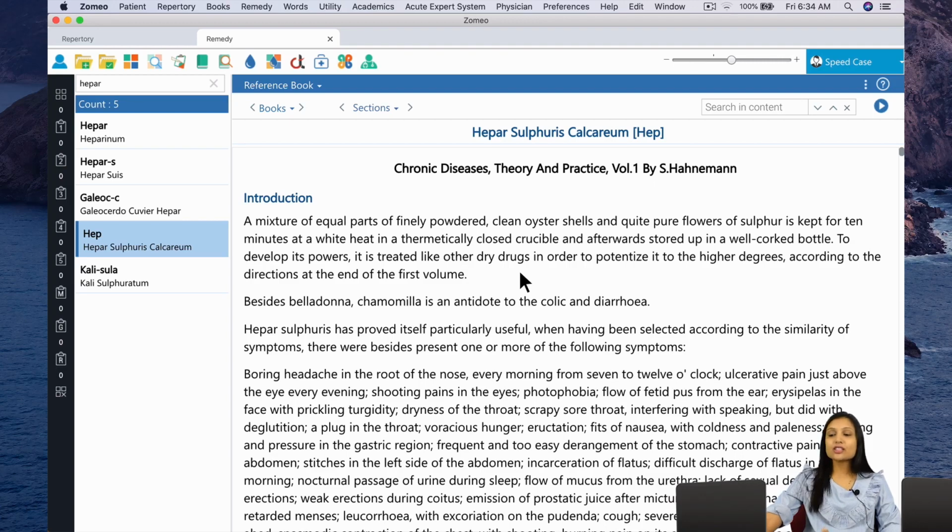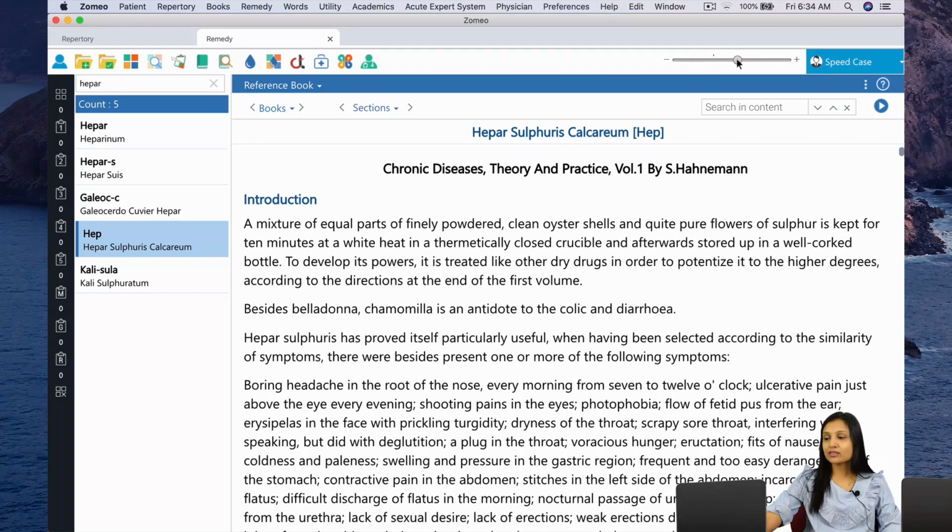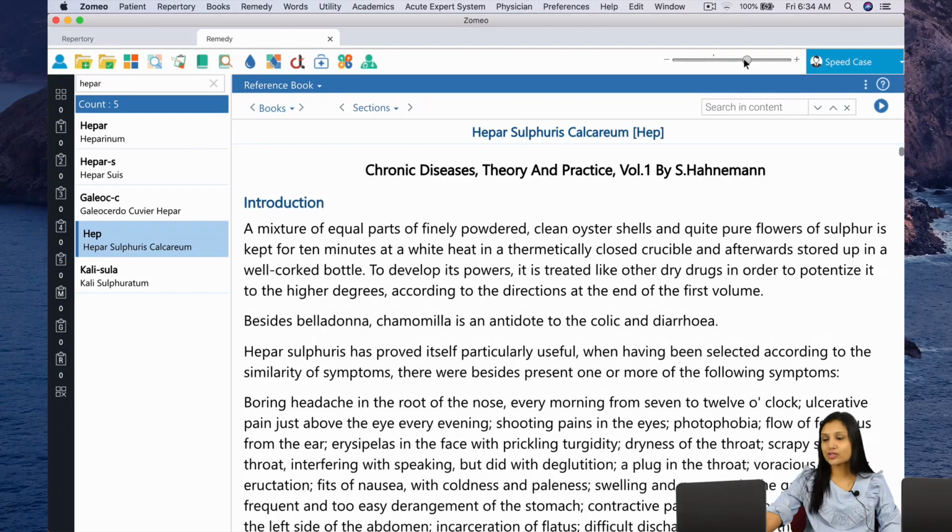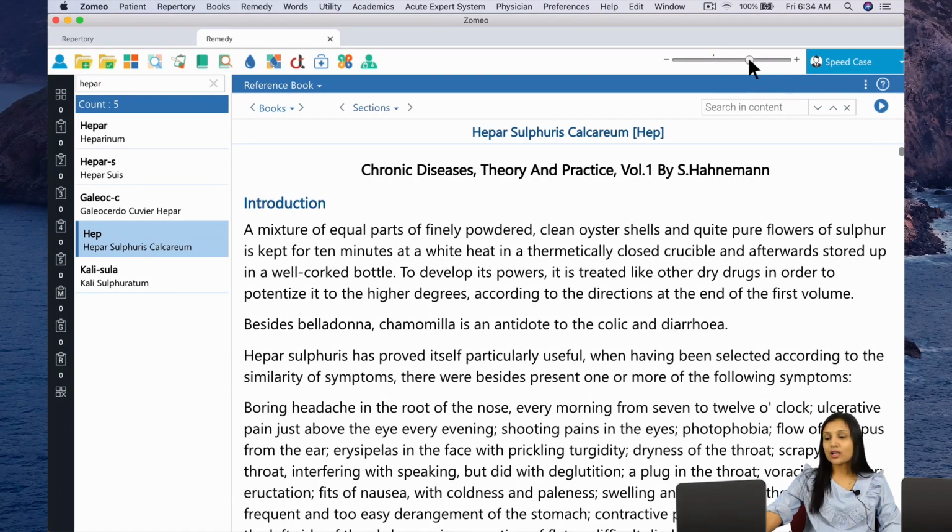Now here is the information given about the exact preparation of Hepar Sulph. Again, dragging the cursor on the font line towards the right. Let's read now.